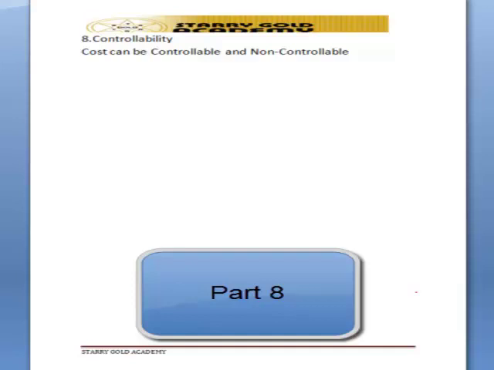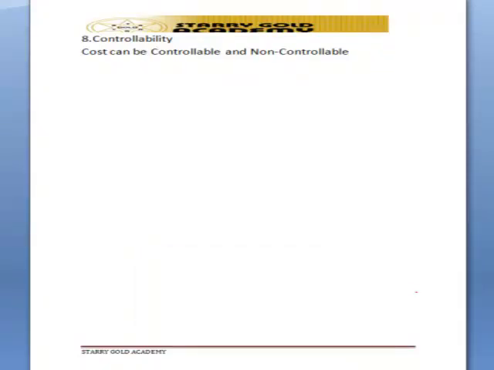Also, another classification of costs: we can look at classification of costs based on controllability, the ability of the management to control the cost. Under this category, we shall be classifying costs as controllable costs and non-controllable costs.